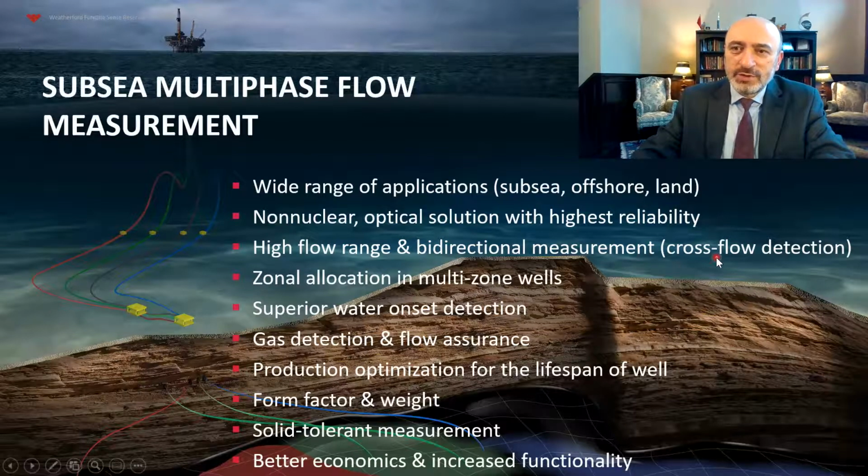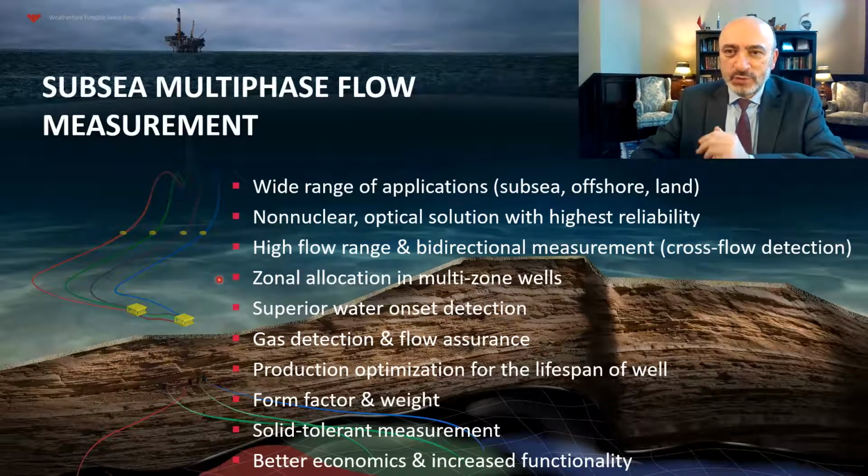It can also detect cross flow with this feature. It is possible to obtain the zonal contribution rates in a multi-zone well. We can place multiple flow meters between zones and obtain the contribution rates from different zones.